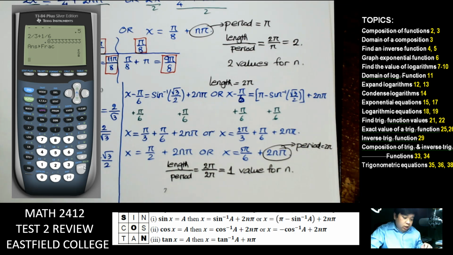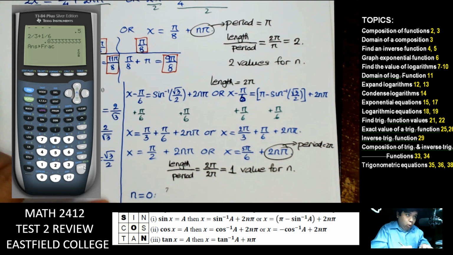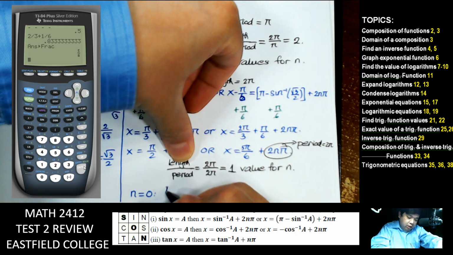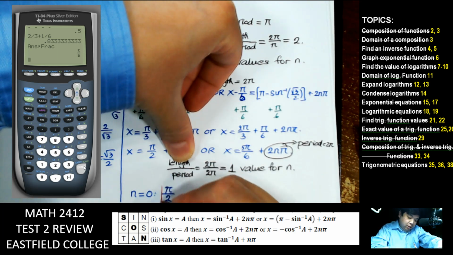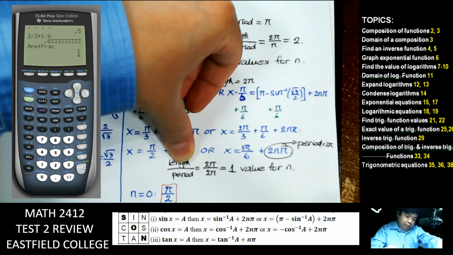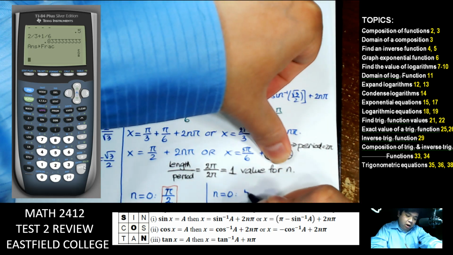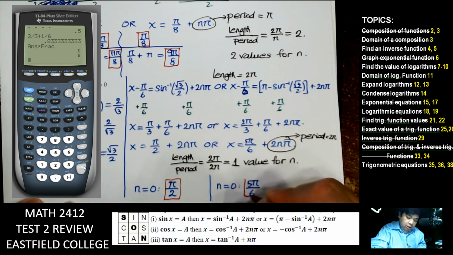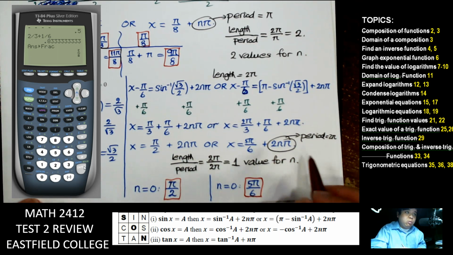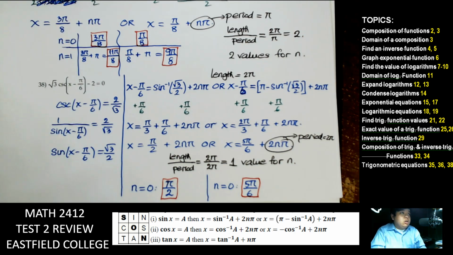So we just have one value for n. Usually we just choose 0 for n. When n equal to 0, we just have pi over 2, which is good because pi over 2 is between 0 and 2 pi. Now, when n equal to 0, on this side, we have 5 pi over 6, also between 0 and 2 pi. And since we only require one value for n, that's all we have. So those are the solutions.